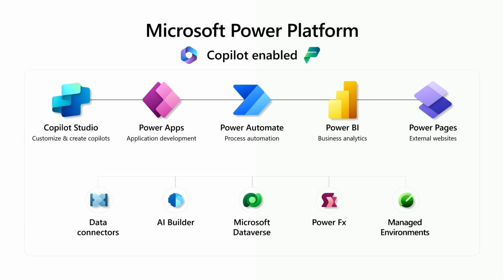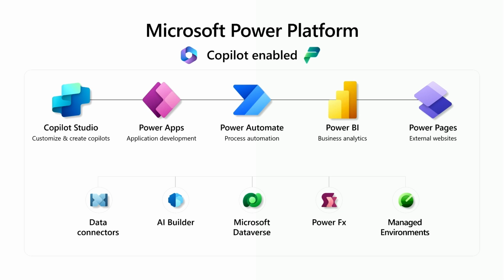Underneath, we have a layer that is also really useful. The data connectors connect the different kinds of data sources and applications that are available. More than 1,500 data connectors are available as standard.